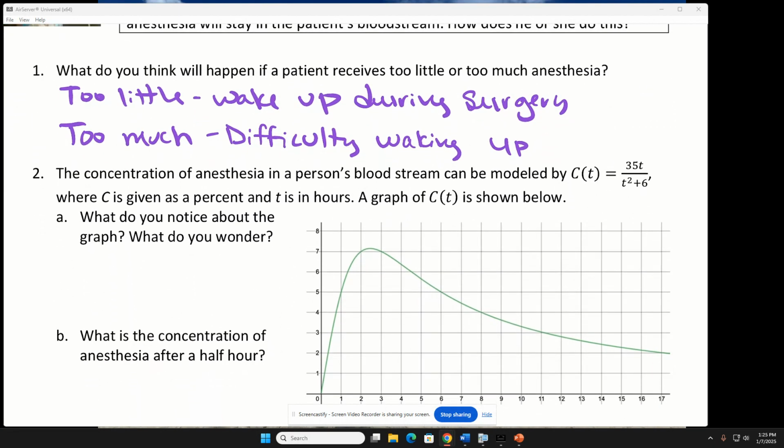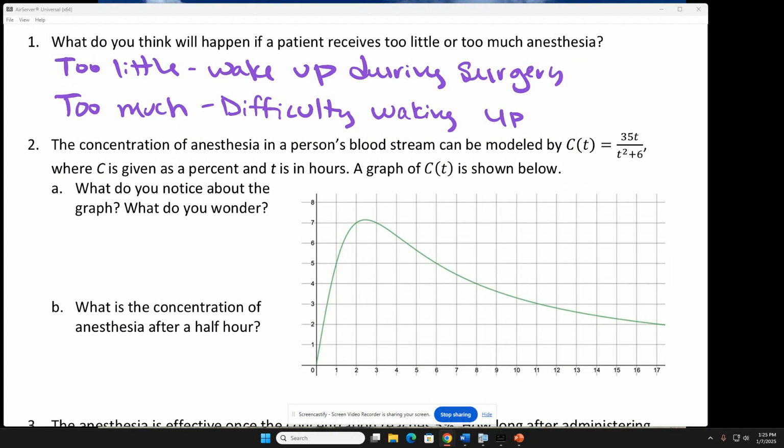All right, so this formula gives the concentration of anesthesia in a person's bloodstream. And so you can see it grows and then it starts falling and kind of levels off. Did anybody notice anything else about this graph, or wonder something about it?